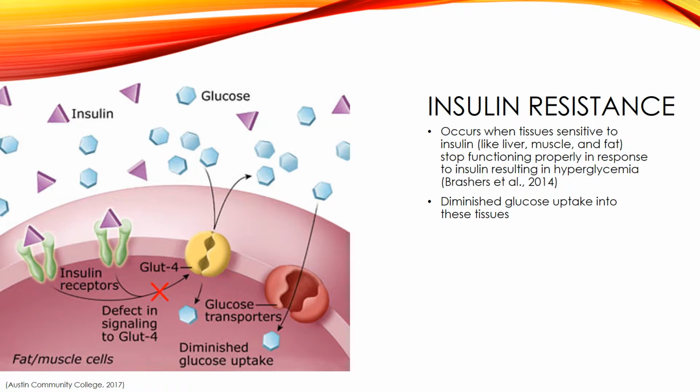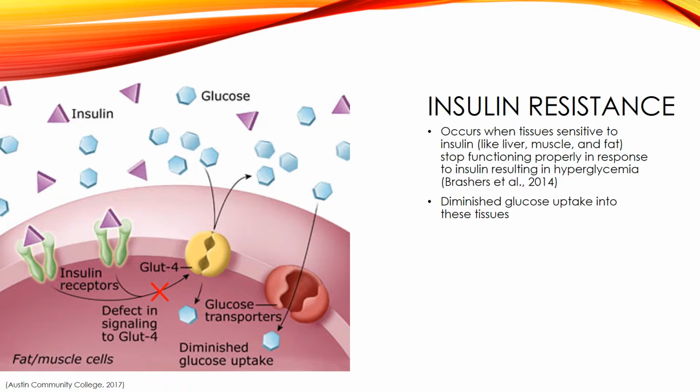Insulin resistance occurs when tissues sensitive to insulin, like liver, muscle, and fat, stop functioning properly in response to insulin. This results in hyperglycemia. As noted in a previous slide, we saw that insulin interacts with receptors on the cell surface to facilitate a cascade of events bringing glucose into the cells.